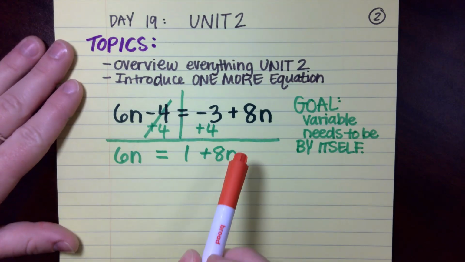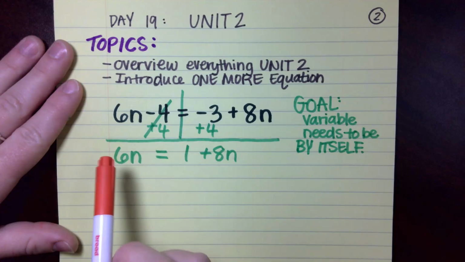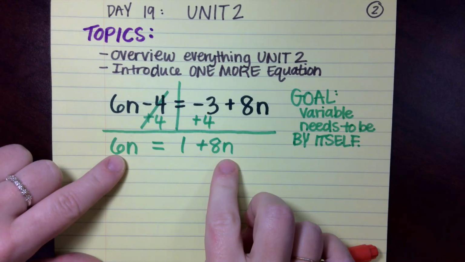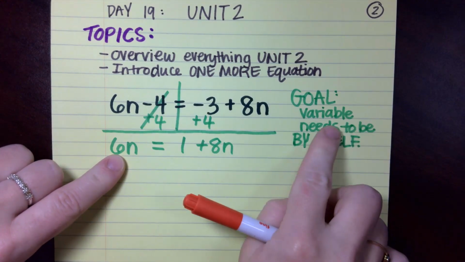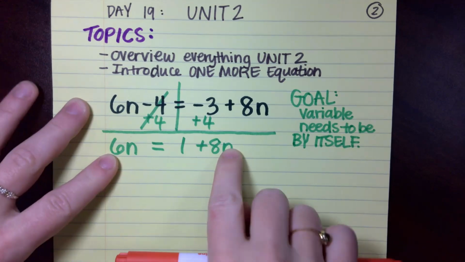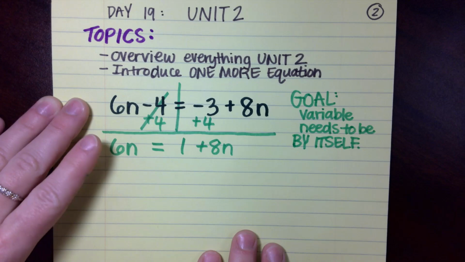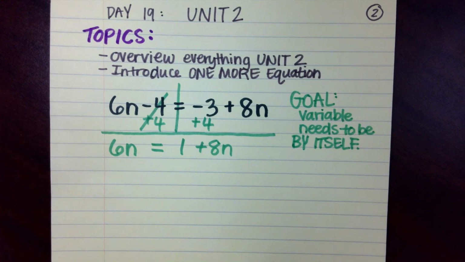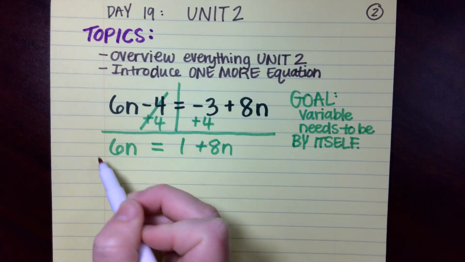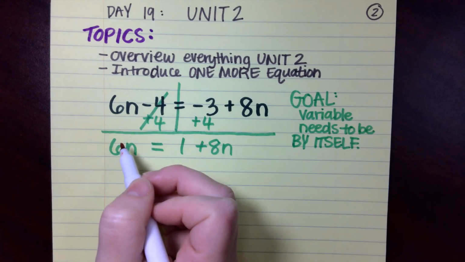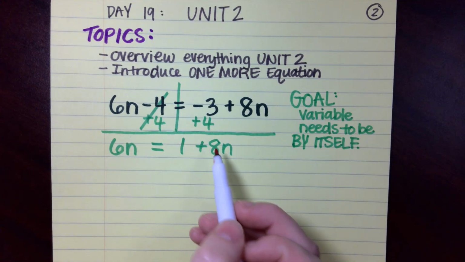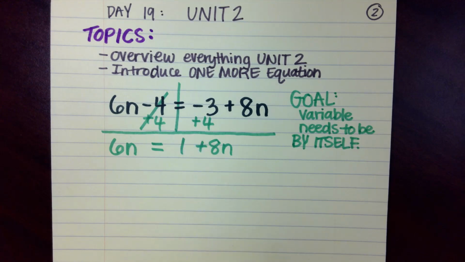We need to do something to combine these. We cannot solve an equation if we have our variable on both sides. So before we can get to our goal of getting the variable by itself, we actually need to first get our variables all on the same side. So what I'm going to look at to decide where I want to put it: on this side of the equation, I already have just a 6n, and on this side, I have 8n and I have a 1.